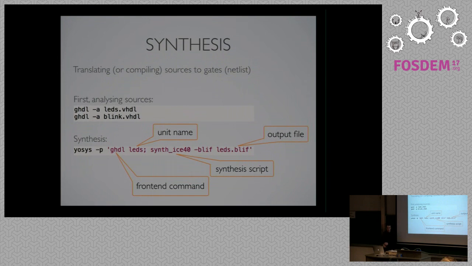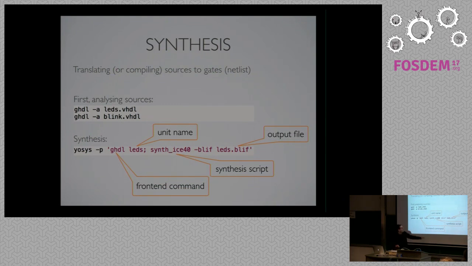Using the GHDL frontend, you first analyze the files, so you let the compiler know about these files, and then using the synthesizer, you say, okay, I want to generate a circuit for LEDs, which is known here, and I want to target this FPGA. So this FPGA is ICE40. And you specify the output file.